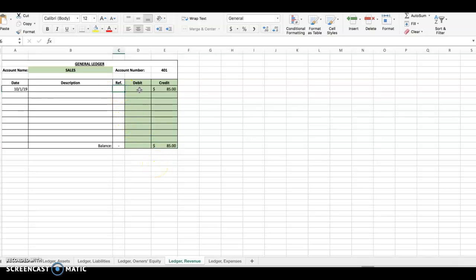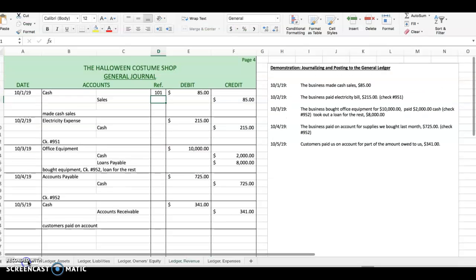The reference, again, J4 from journal page 4, and revenue accounts typically will begin with a 4. So 401 is the sales account number, and that's what goes into the journal. So that's how that's posted.